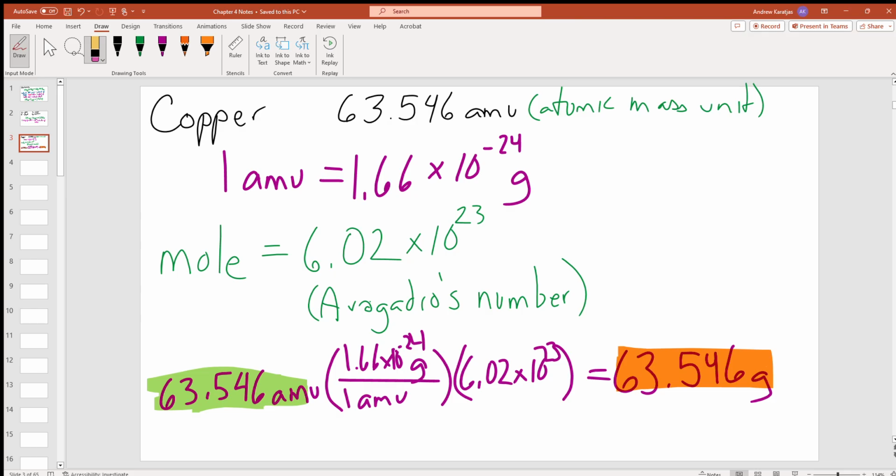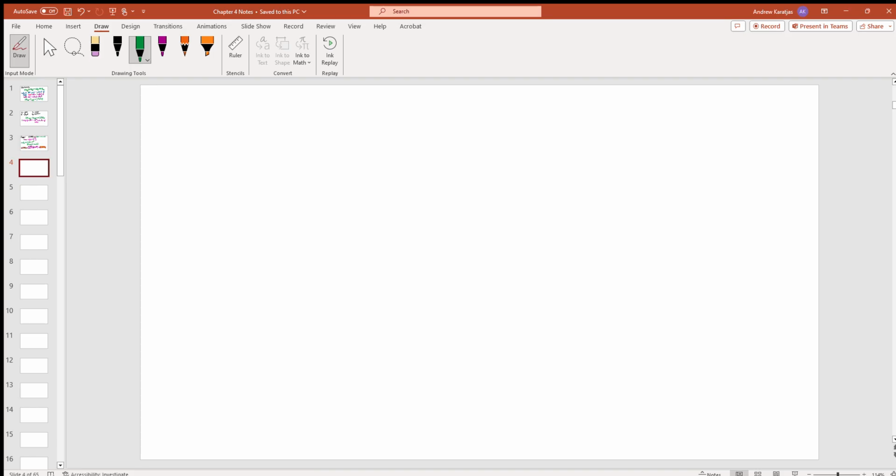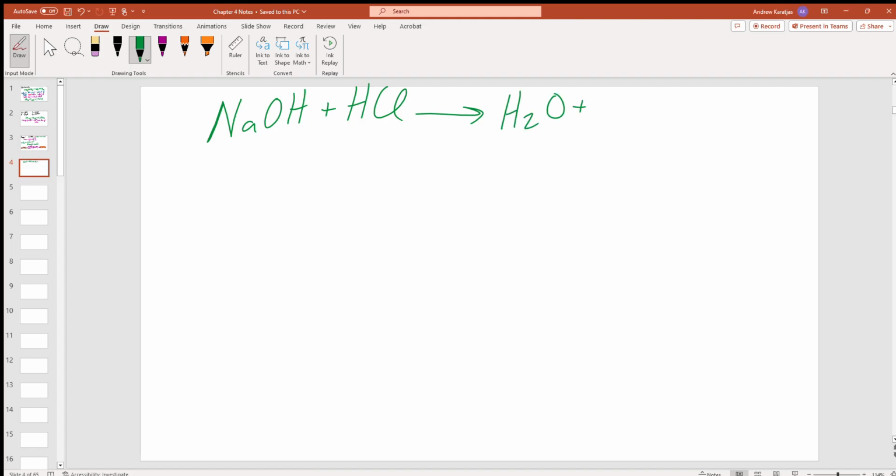So now if we go back to one of our chemical equations that we started with, when we first started with this equation, we said that this was one molecule of sodium hydroxide reacts with one molecule of HCl to form one molecule of water and one molecule of sodium chloride.